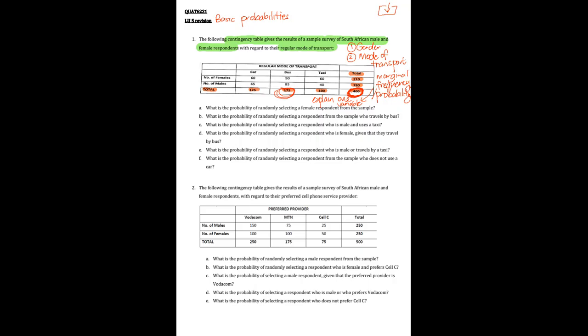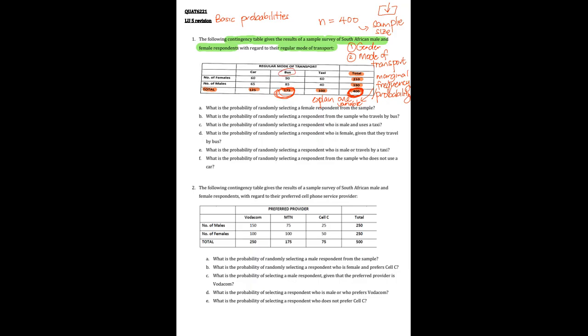So it's basically saying to you N, which is denoting your sample size, is 400, meaning that this is the total number of people that had been surveyed. It's the sample size. So basically 175 is telling us that 175 out of 400 people use a bus as a regular mode of transport.